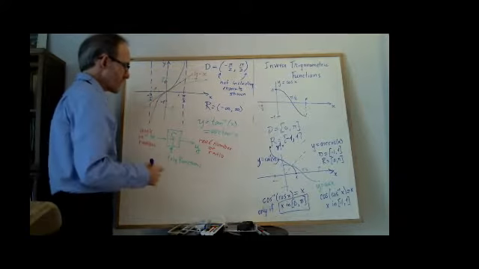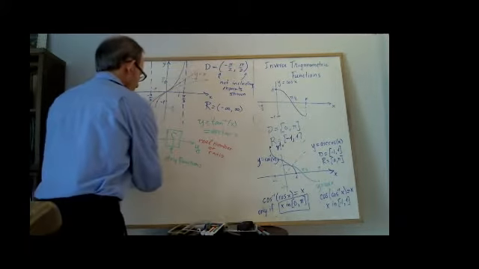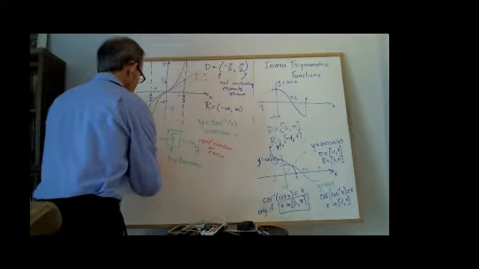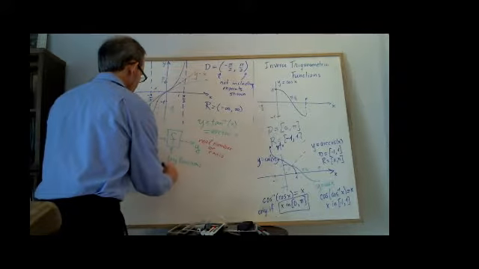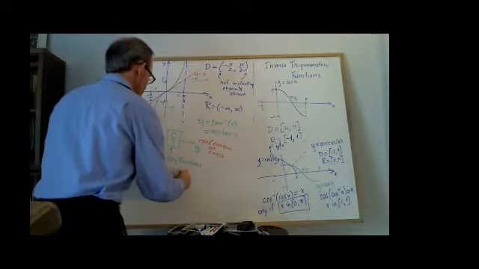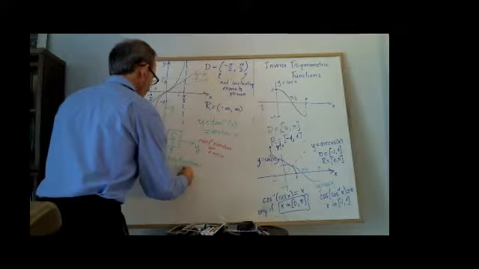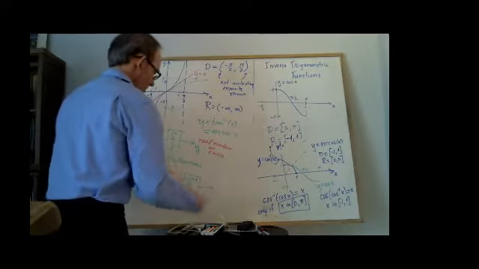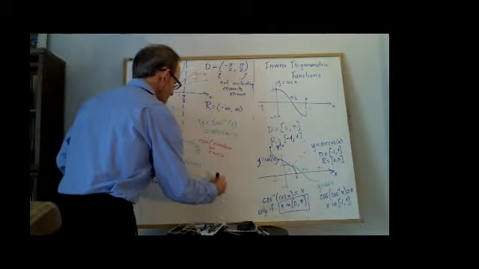The inverse functions take you the other way and get you from a real number or a ratio, and I'll label them F inverse, and give you back an angle.